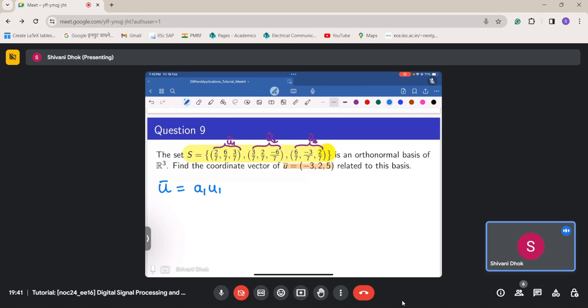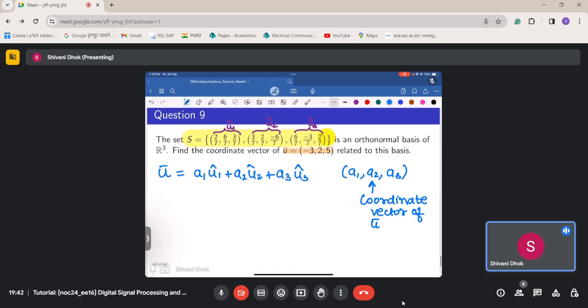A vector u can be represented as A1 U1 cap plus A2 U2 cap plus A3 U3 cap, where U1, U2 and U3 are the basis vectors, and A1, A2 and A3 are the corresponding coordinates. So this vector A1, A2, A3 is the coordinate vector of U bar for this given basis.